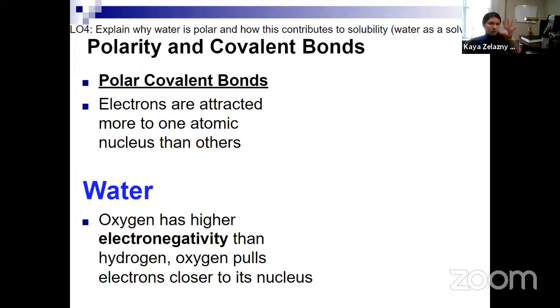The atoms are actually orbiting, right? They're actually moving around. So they may spend more time, get closer to one atomic nucleus than another, which means that basically we have a little bit of a charge on that portion of our molecule. And that's what a polar covalent bond is.